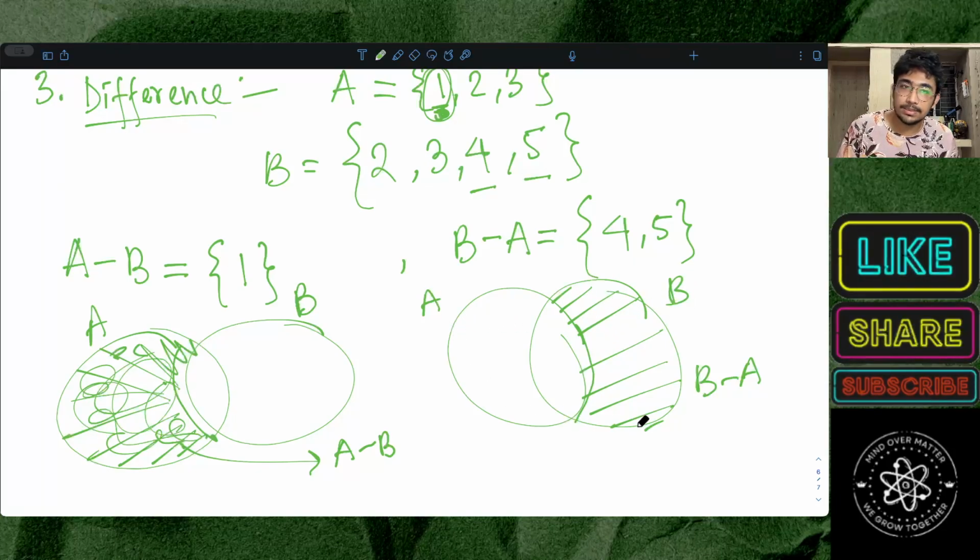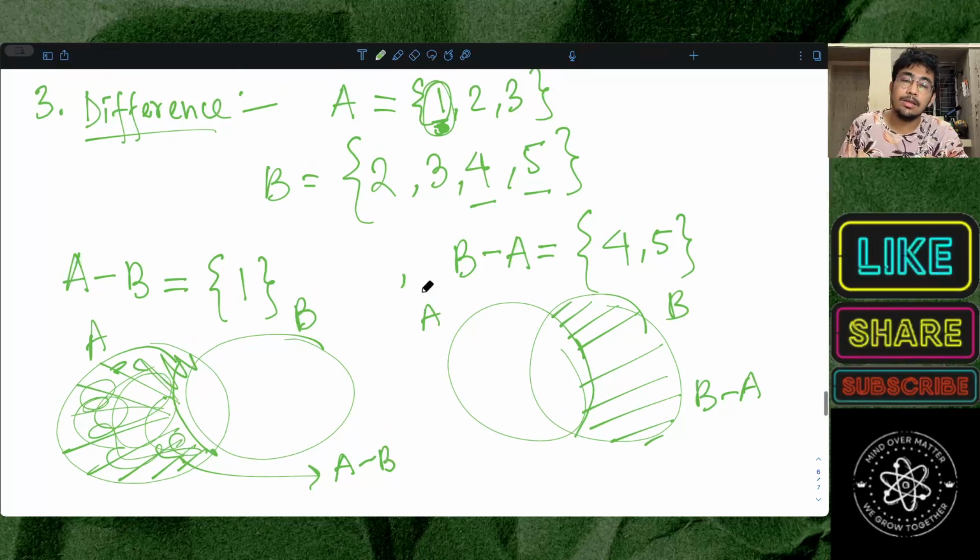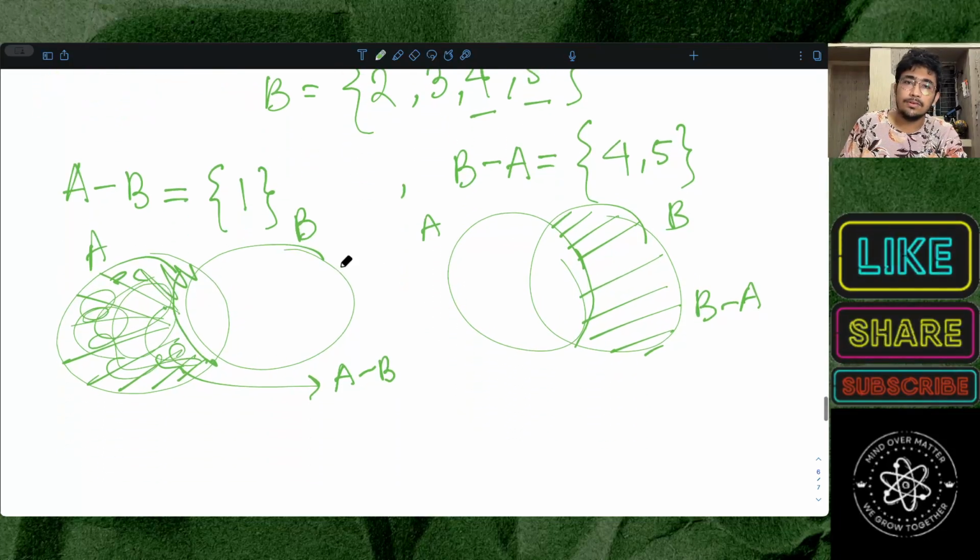It's not a part of A circle. Okay, I think this is enough for difference.